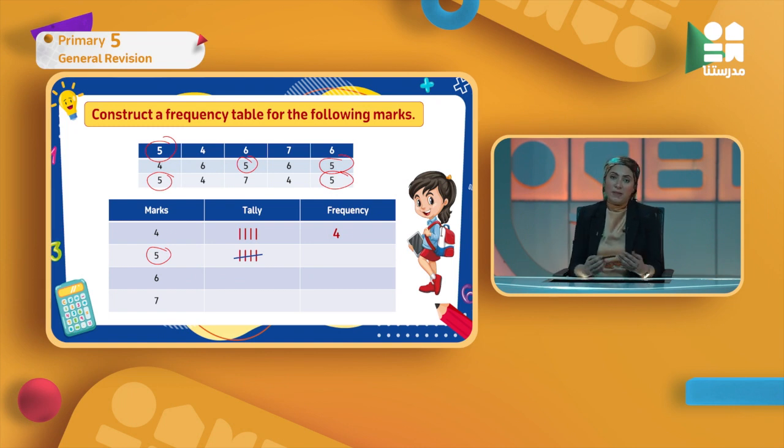ففي الحالة دي برسم أو بكتب 4 tallies and I cross them with the 5th one. Okay. يبقى عندي bundle of tallies. Each 5 tallies form a bundle. So here I have 5. Okay, now I will move to the grade 6.